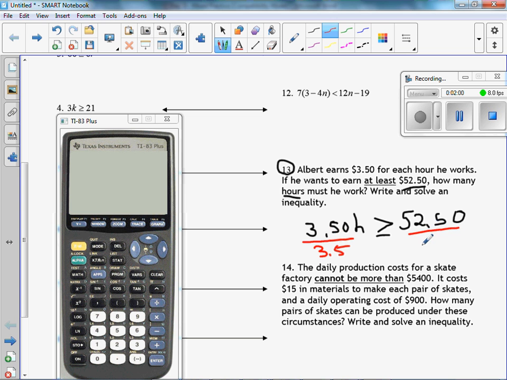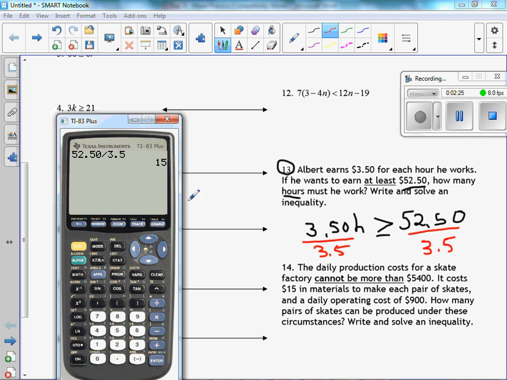And so you can use your calculator and divide 5250 divided by 3.5.